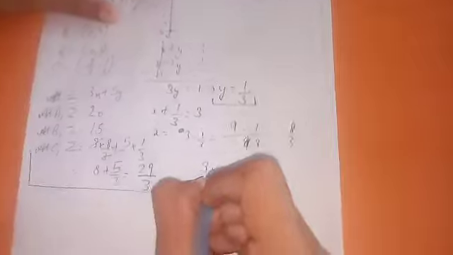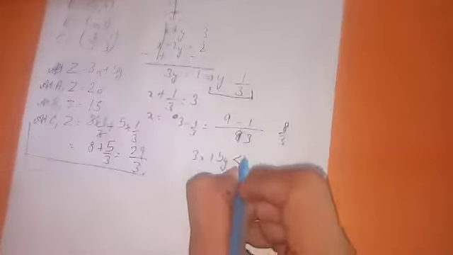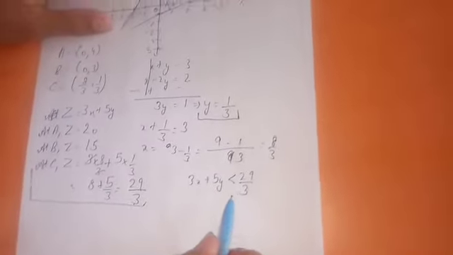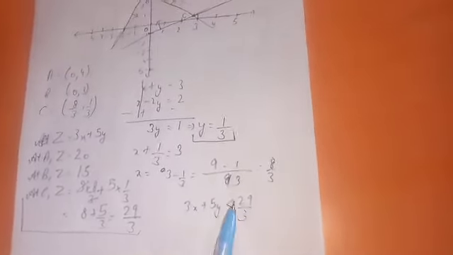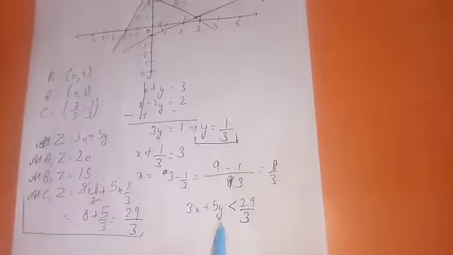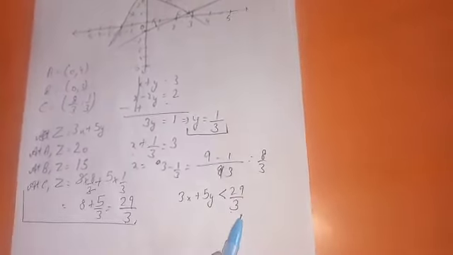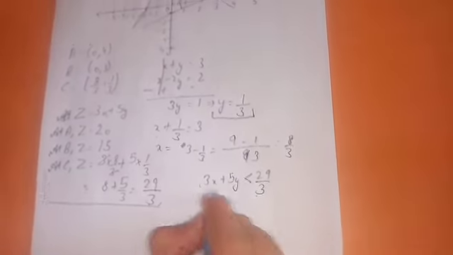We will draw 3x plus 5y less than 29 by 3. Why are we drawing this? Because our objective here is to find any minimum value that is less than 29 by 3. Here it is our z.